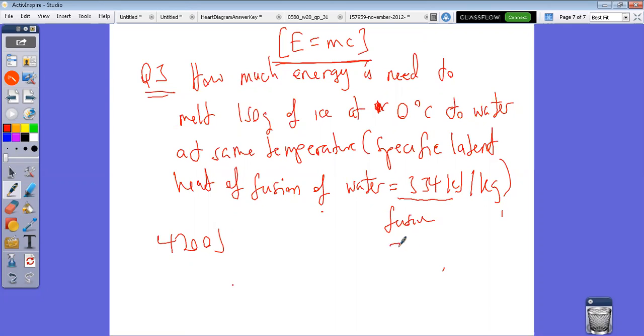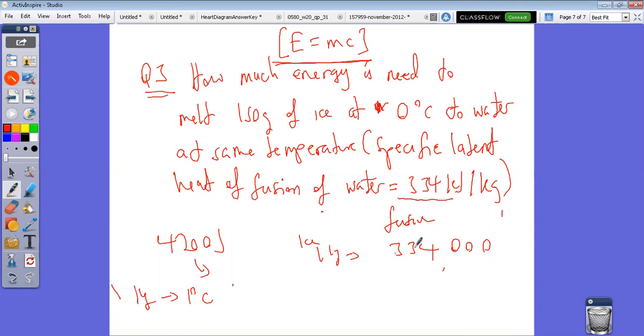Look at this, this is kilojoules, so it's 1,000 like this. To raise 1 kg of water by 1 degree you require this energy. But to change 1 kg of ice to liquid, we require this.